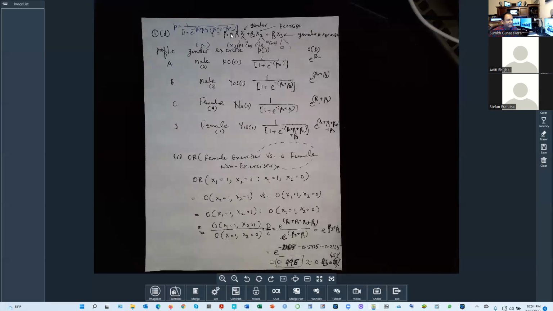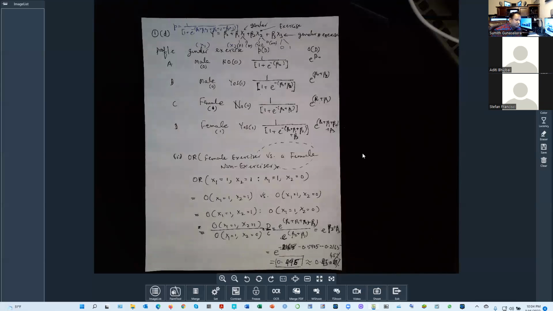Because of that, this relies on this one. You cannot independently or arbitrarily assign the number. Its number is determined by whatever number you give to gender, x1 and x2. Based on that, this will be decided. 0, 0, 1. This will be 0 again. 1, 0, again 0. 1, 1, 1.